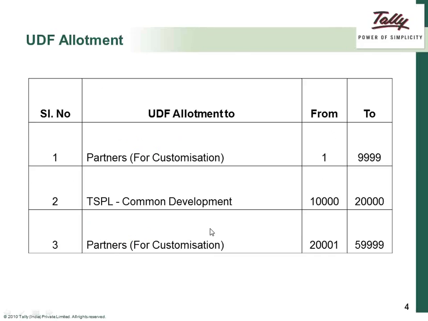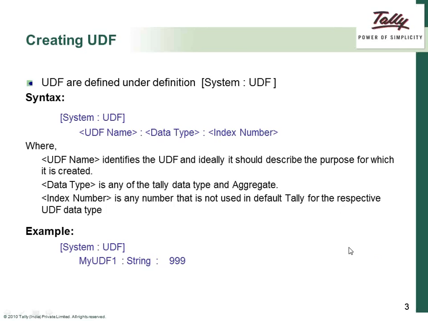Now, don't you have a question here when I say 20,001 to 59,999? Which data type does it fall for? I said we can have data types of type string, number, date, logical, right? And there is an index number ranging from 20,001 to 59,999.